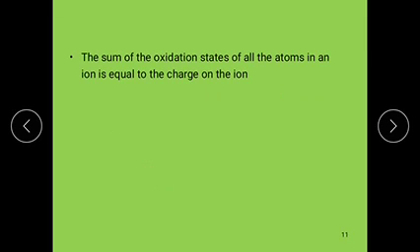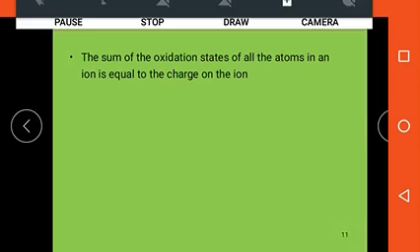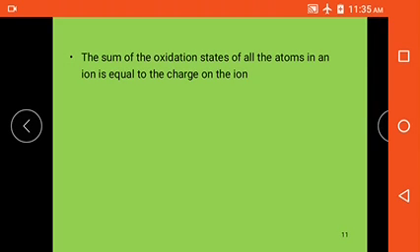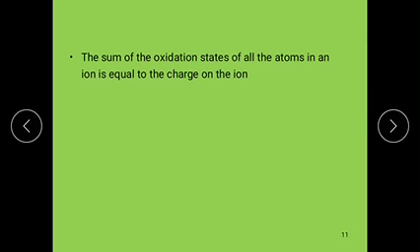The sum of the oxidation states of all the atoms in an ion equals the charge of the ion. When we take a neutral molecule, the sum of the oxidation states of elements in a molecule is equal to 0.